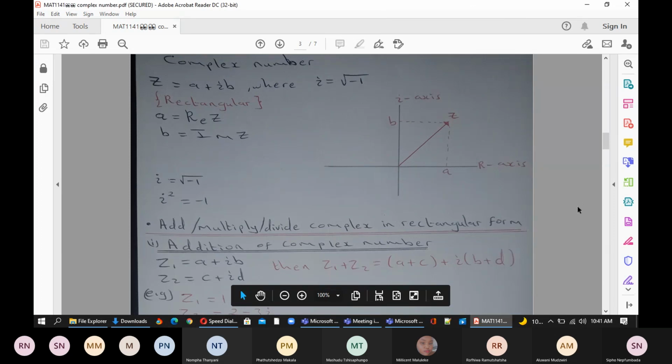So now, I was talking about a complex number. A complex number is denoted by z equals a plus ib, where i is equal to the root of -1. I said to you guys, press your calculator and find what is root of -1.